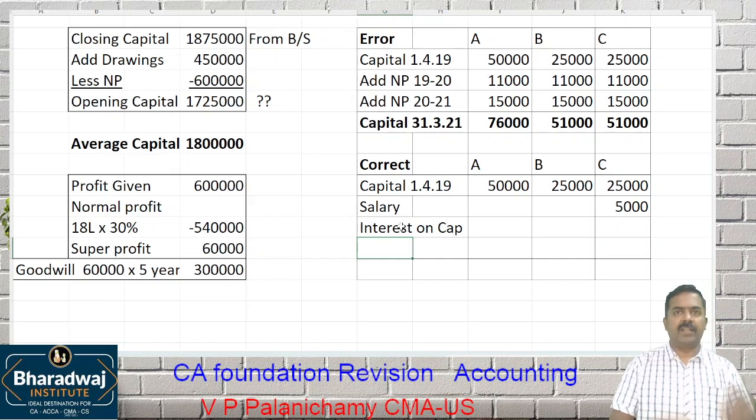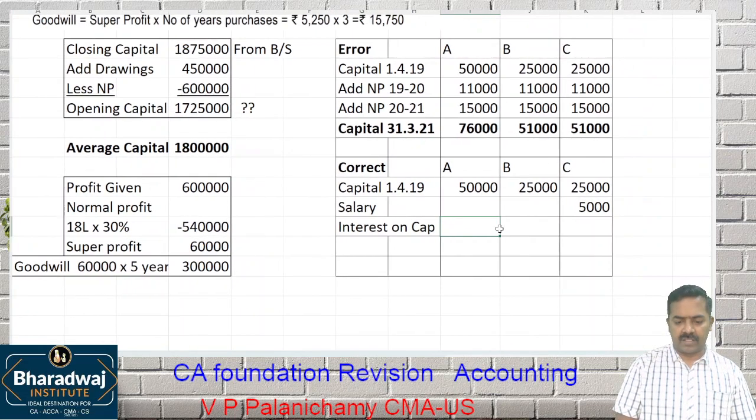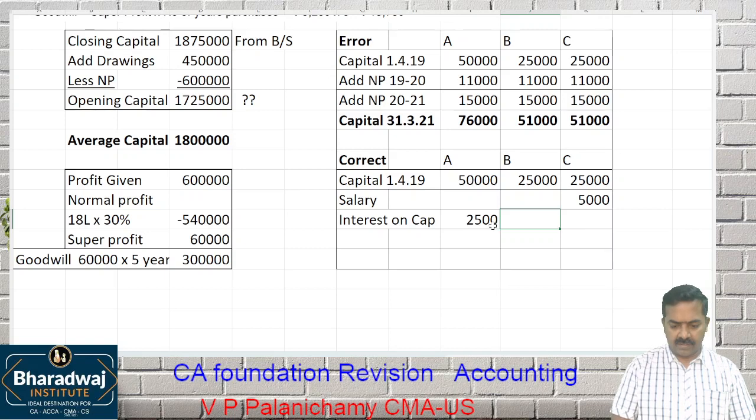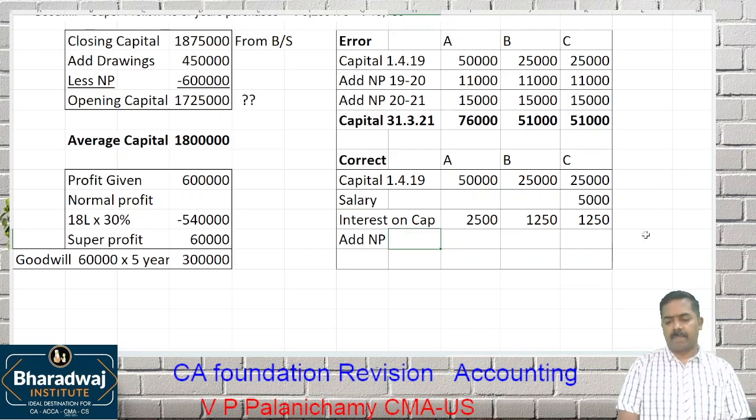No, we will work it out year by year. Interest on capital. How much do we have to provide interest on capital? 5%. 50,000 into 5%. So net profit will be, after adjusting interest, 33,000 minus all the salary and interest. Net profit 33,000.